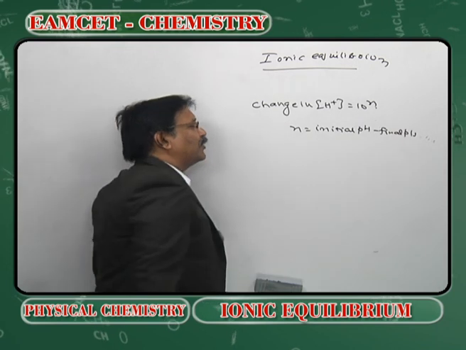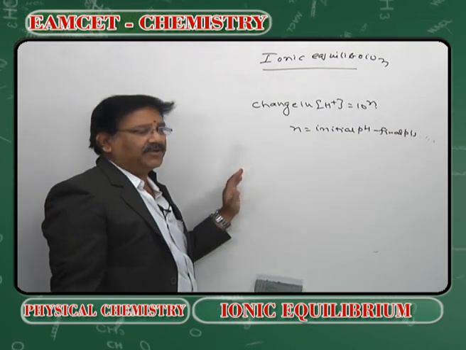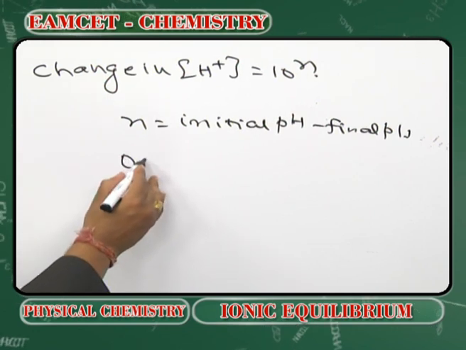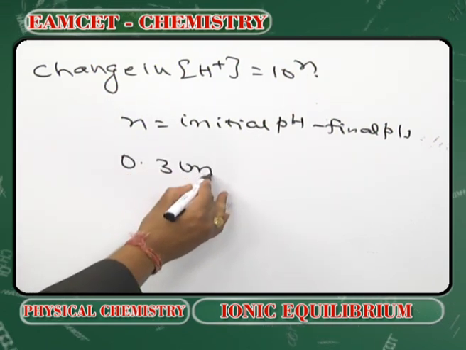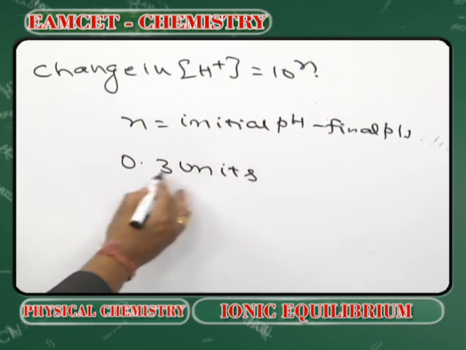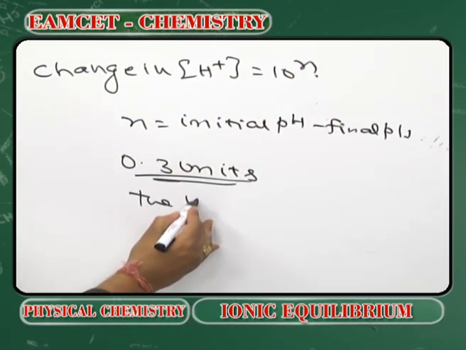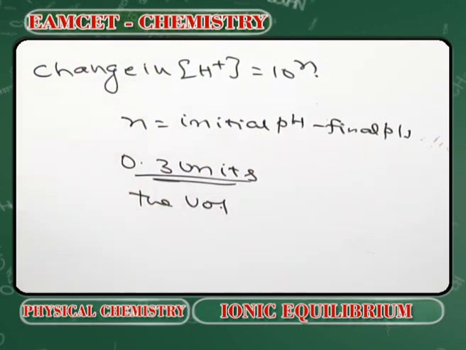And one more important point: to increase the pH value by 0.3 units, the volume of the solution should be doubled.